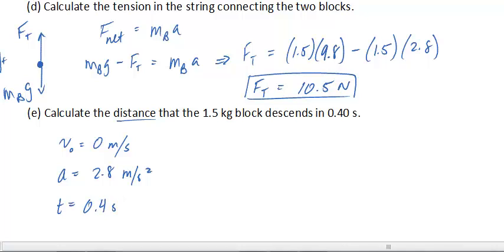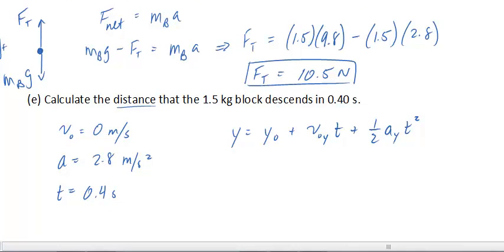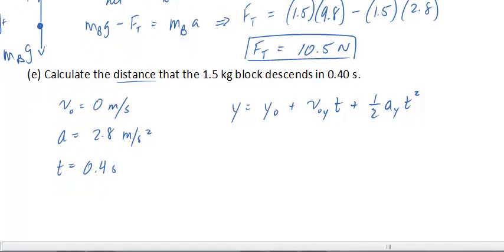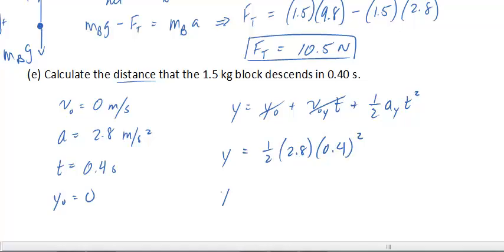So we can use the equation for position, indicating that all of these values are in the y direction. My initial position I'll call 0, so that goes away. Initial velocity was 0, that goes away. So the distance I move is 1/2 times 2.8 times 0.4 squared.